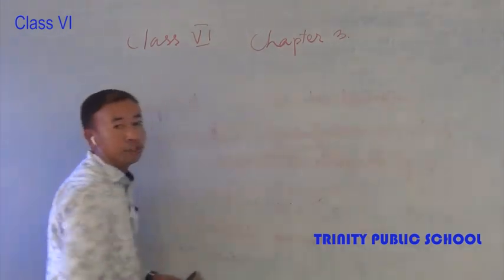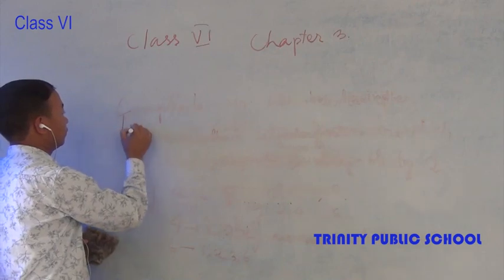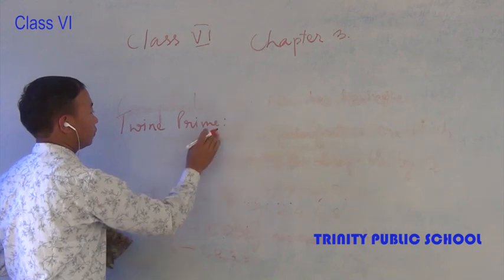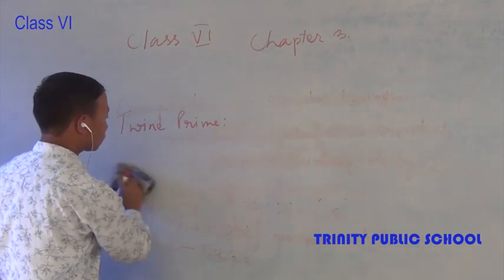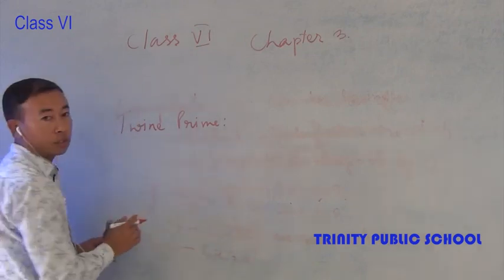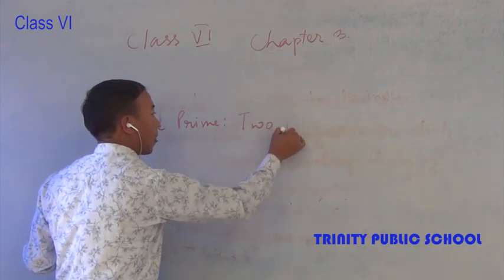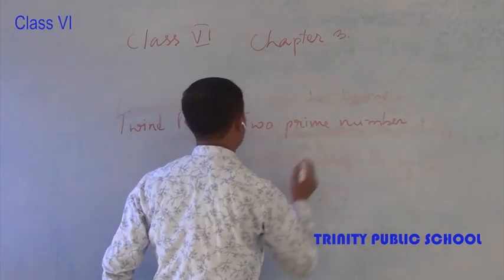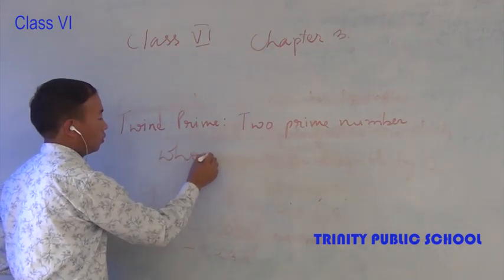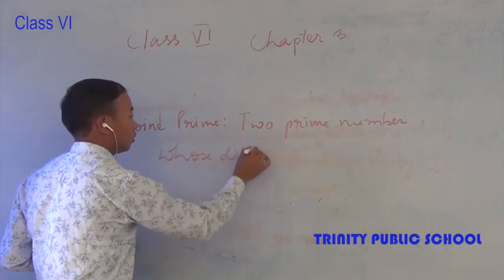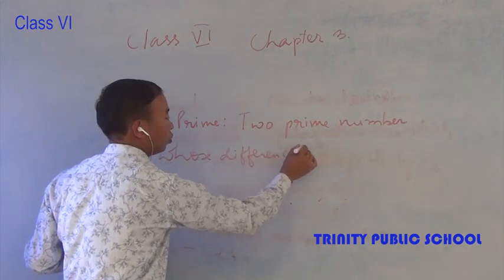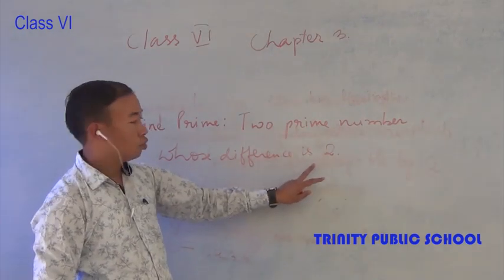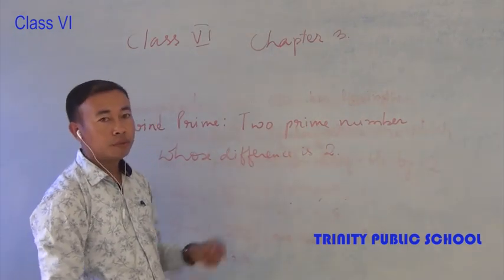Let's see what the definition of twin primes is. Two prime numbers whose difference is 2 are called twin primes.